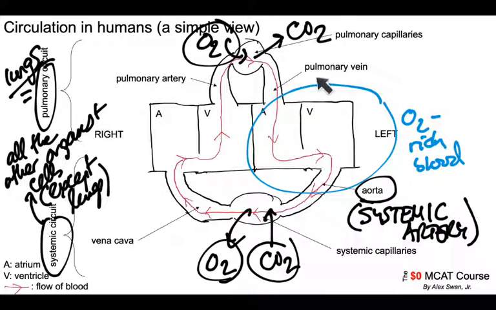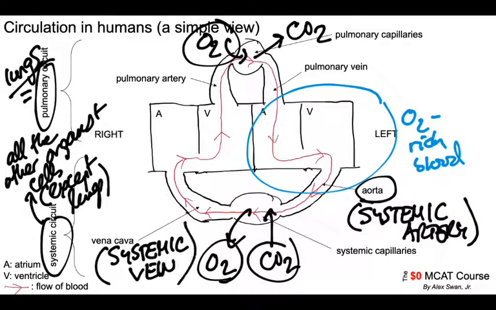Now, for the pulmonary circuit, this vein was called the pulmonary vein for obvious reasons, but for the systemic circuit, yet again, we have another special name. This is going to be the systemic vein, if you will, but the special name for the systemic vein is the vena cava, right? And the vena cava is going to return this oxygen poor blood back to the heart at the right atrium.